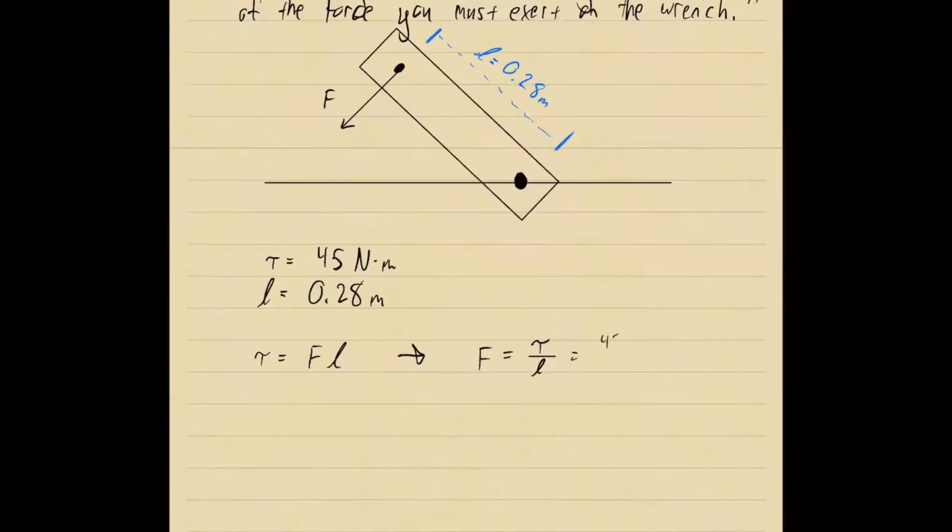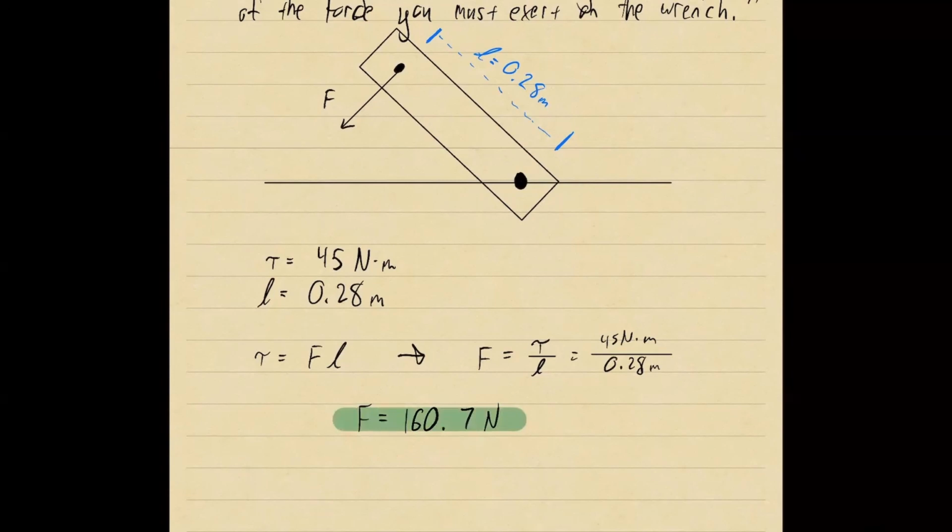This is 45 Newton meters divided by 0.28 meters. So this gives us a magnitude of about 160.7 newtons. All right, so pretty straightforward stuff.